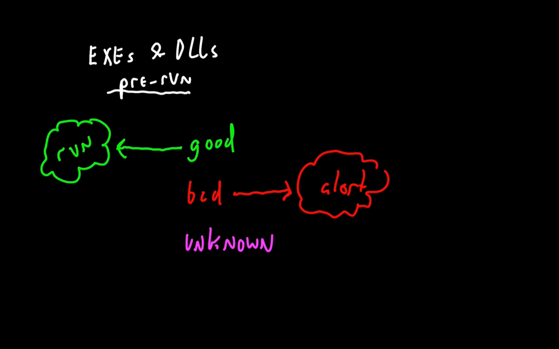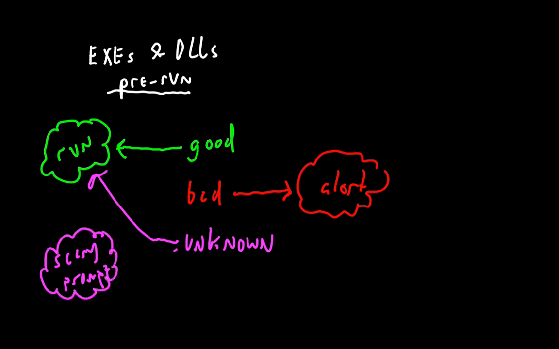In some cases, unknown is a default where it's just treated as good and allowed to run. In other cases, unknown is an opportunity to raise a scary prompt and to really warn the user and say, hey, I don't know, are you sure you want to allow this to run?